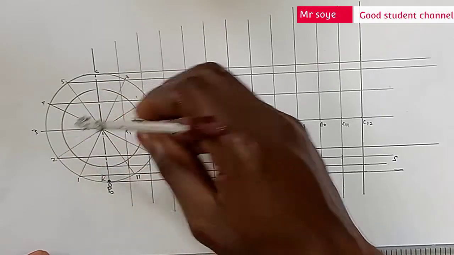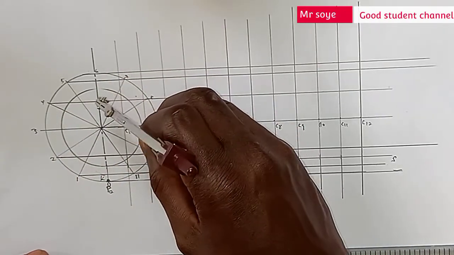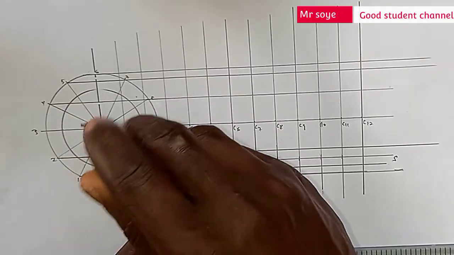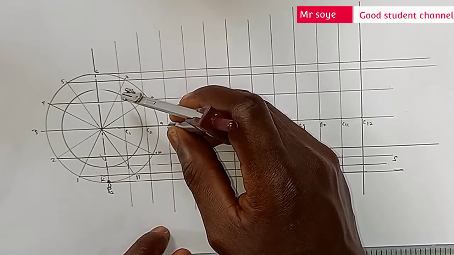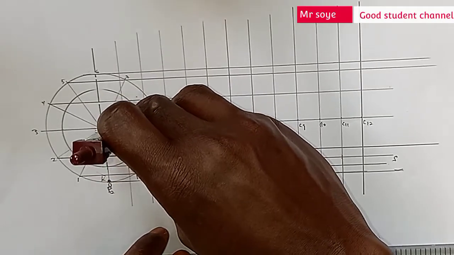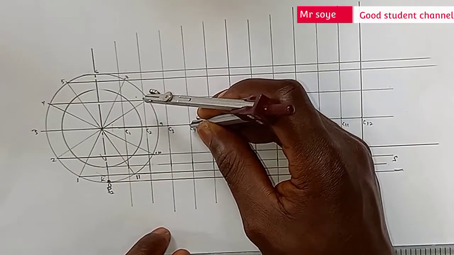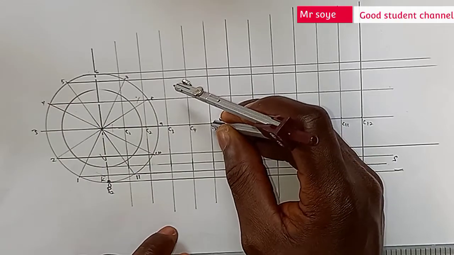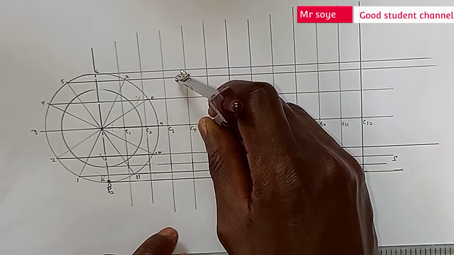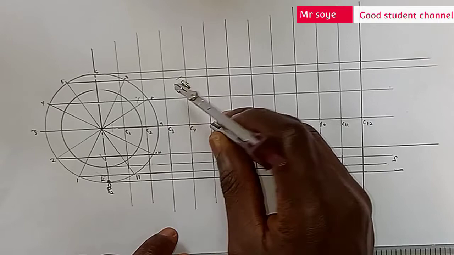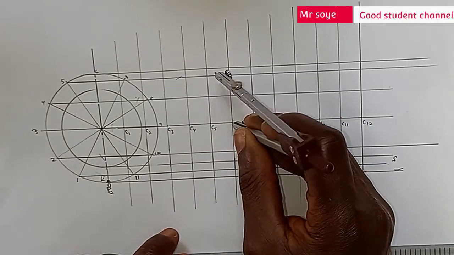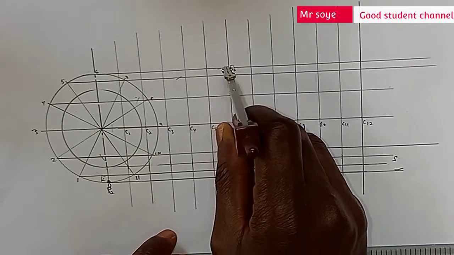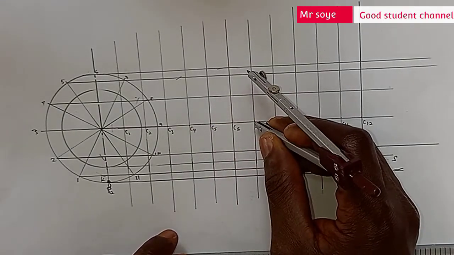That's the horizontal line. Put it at center 2. Mark line 2. This is line 2. Put it at center 3. Mark line 3. At center 4. Mark line 4. Can you see? At center 5. Mark line 5. At center 6. Mark line 6. At center 7.